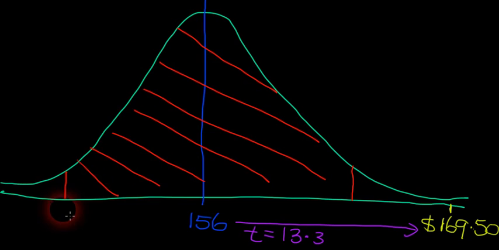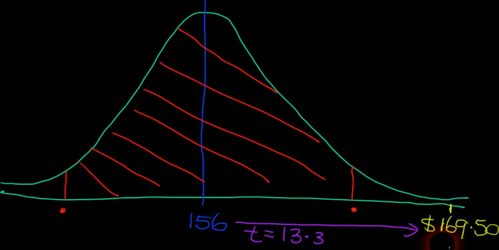So it's like we formed a 95% confidence interval between this number and this number. If our value from our sample lies within this range, then we've got evidence to support that the 156 is the mean amount that's spent on groceries.